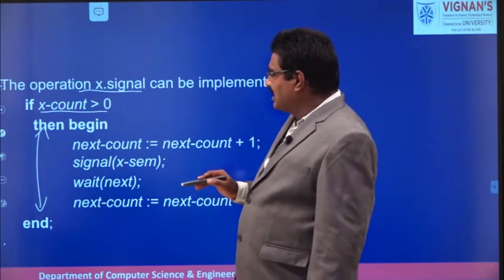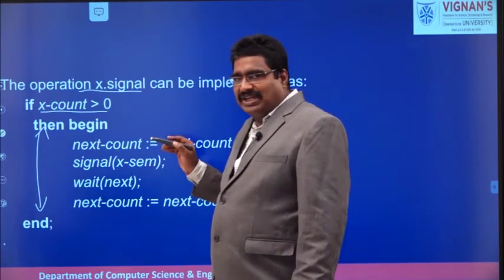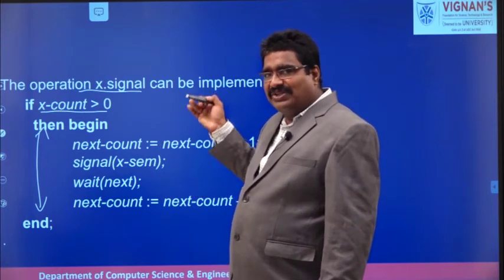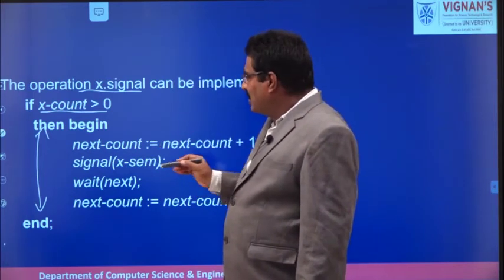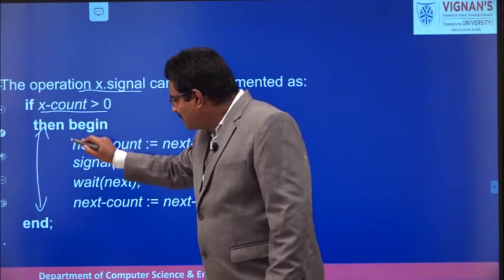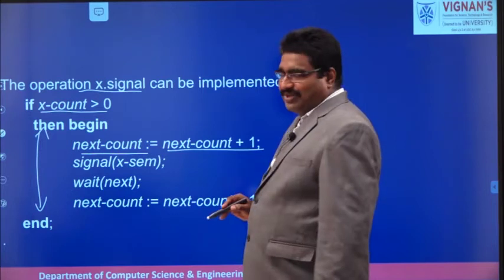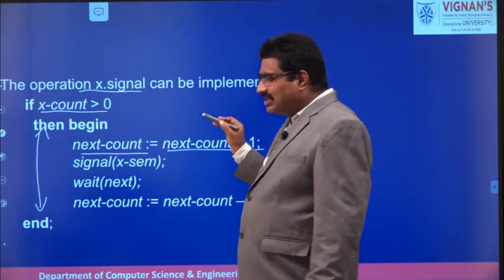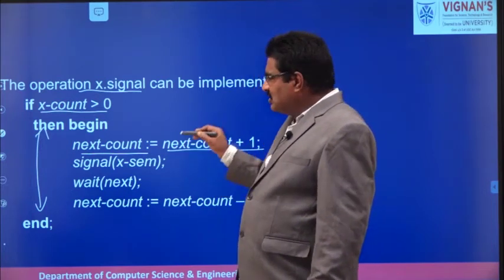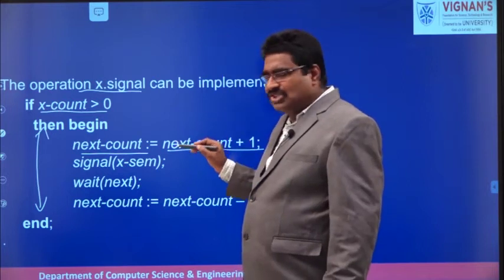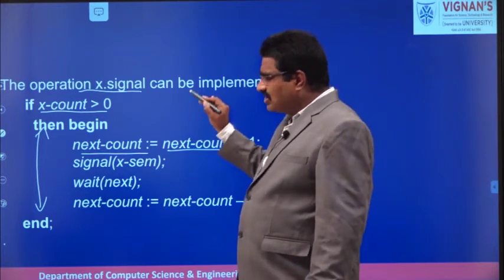If x-count is greater than 0, that itself indicates that some process is waiting on the x condition variable. For that reason, we execute next-count equals next-count plus 1. Next-count is an integer variable used in the monitor implementation, and initially it is 0.